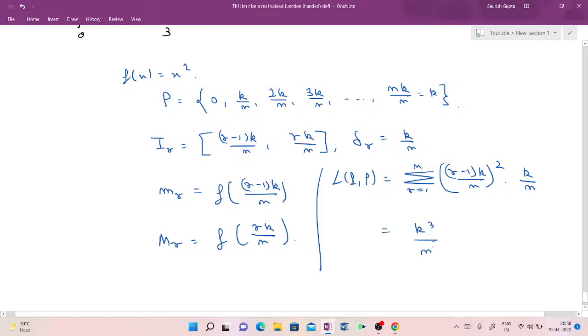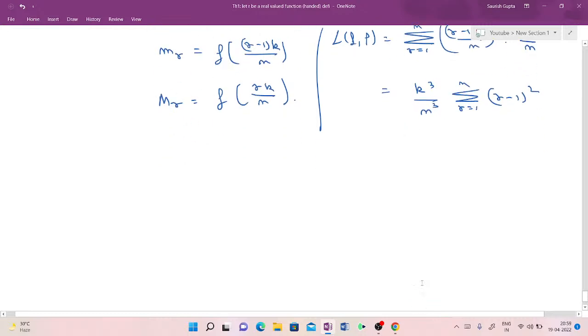You can take it common outside, and here you have summation r equals 1 to n of (r minus 1) whole square. Okay, now in case of r square, summation r equals 1 to n, you have n into n plus 1 into 2n plus 1 by 6. So you can use that here as well.